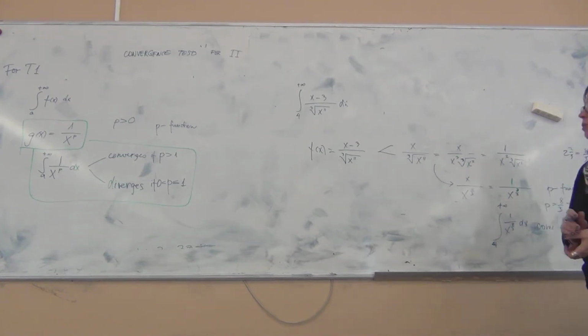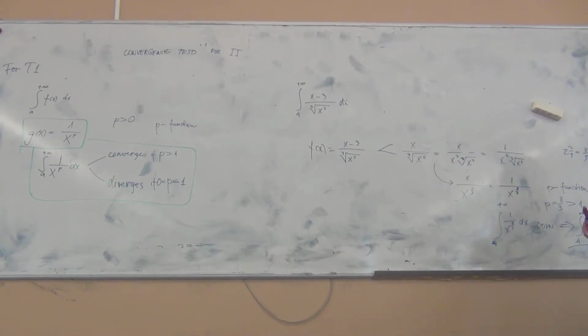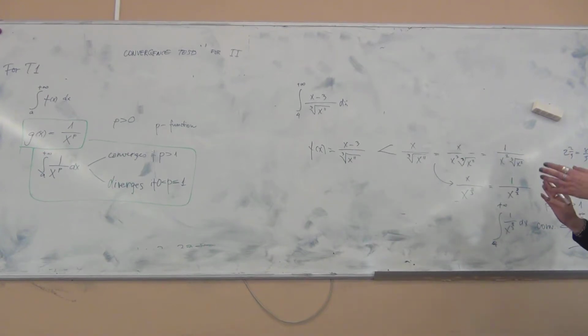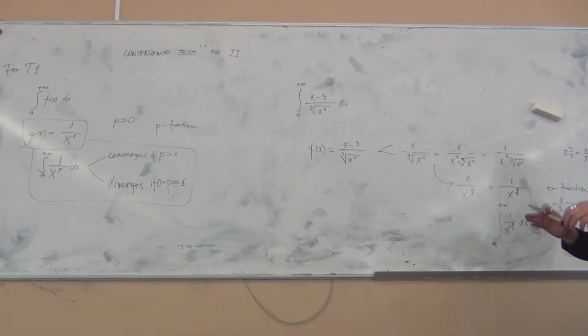So sometimes it will converge and sometimes it will diverge, and sometimes it will be greater than f and sometimes it will turn out to be less than f. So in many situations the second comparison test, the limit comparison, the ratio comparison, actually works better because it's easier to compare.